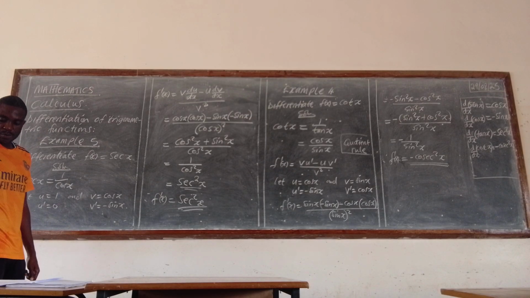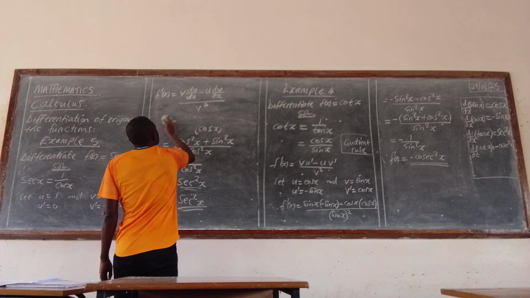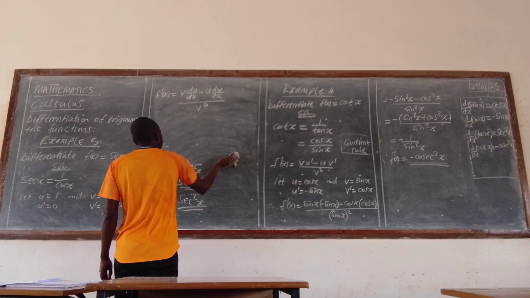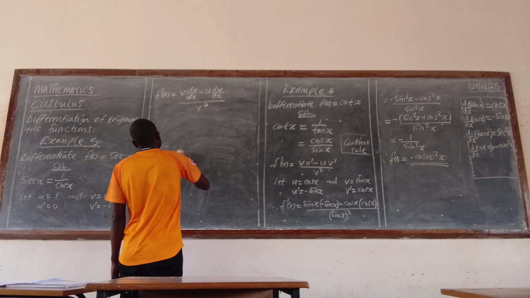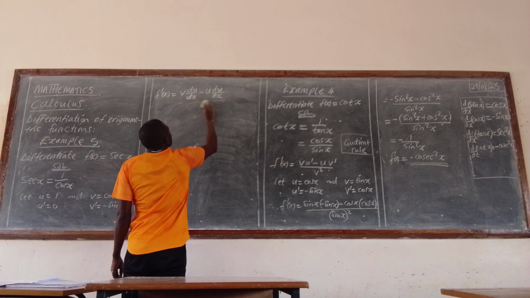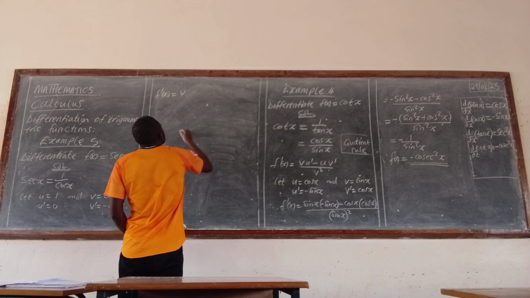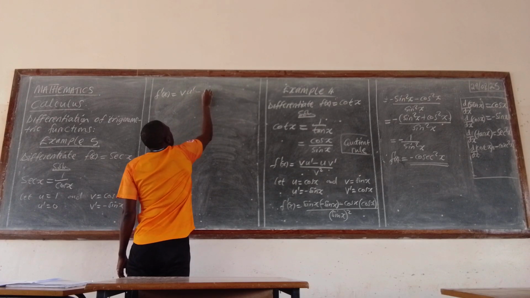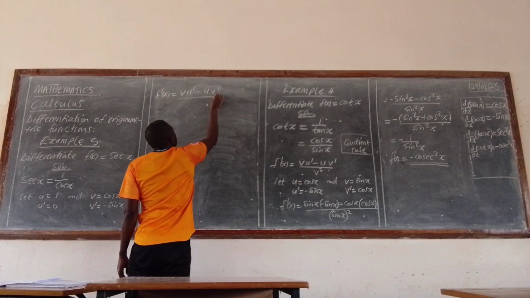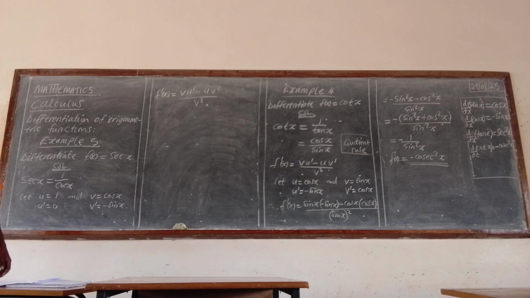Now, using the quotient rule, we keep v constant, differentiate the u, minus u constant, differentiate the v, divided by v squared. Now, what is our u?